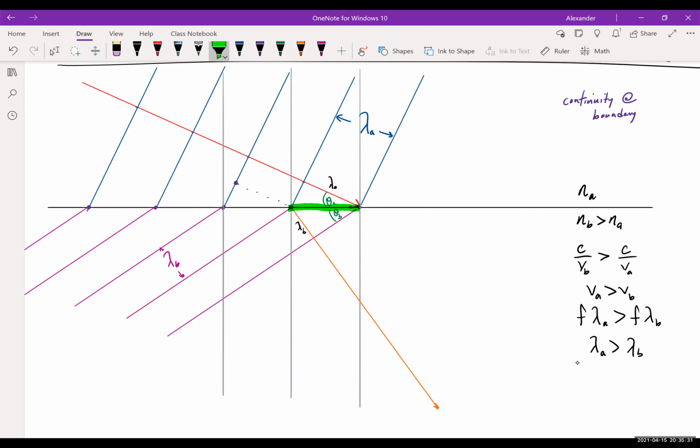You know what? I think I'm making things complicated for myself. Can I consider the other acute angle in these triangles? Is that all right? Can I consider this one theta A and this one theta B?